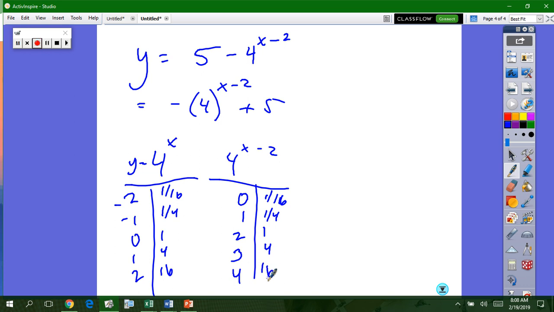Let's plug in 4. 4 minus 2 is 2, and 4 squared becomes 16. Just different x values to get the same y values, right? Basically, this is what our graph looks like, and we're just shifting it 2 to the right. The y values stay the same, the x values change.